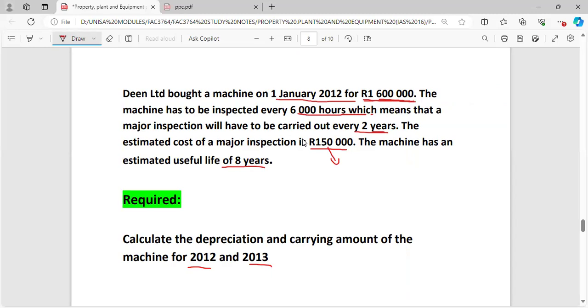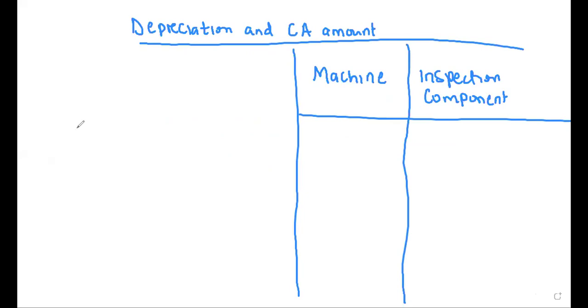So we separate it from 1,600,000 minus 150,000. That is going to give us the cost of the machine. Then the cost of the inspection is going to be 150,000. So on the cost, we are going to have 1,600,000 minus 150,000.